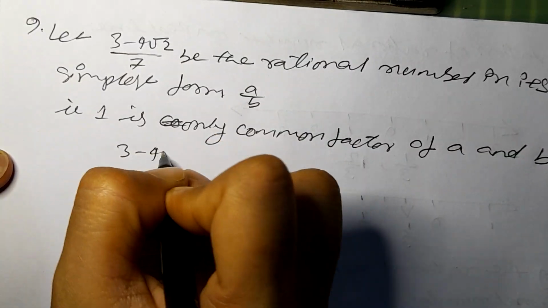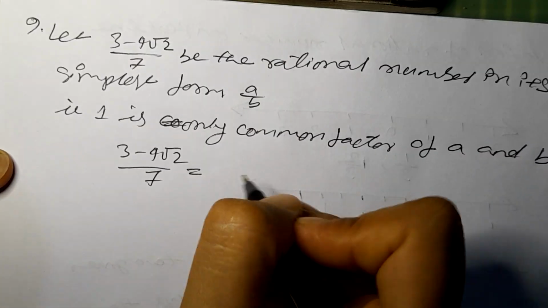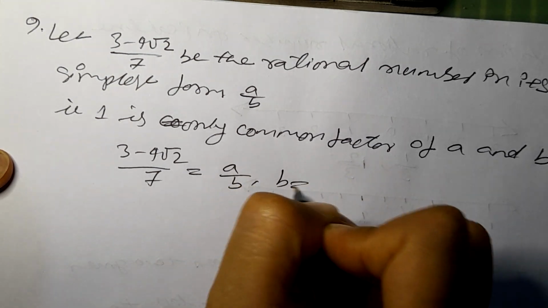So (3 minus 4 root 2) by 7 is equal to a by b, b does not equal 0.